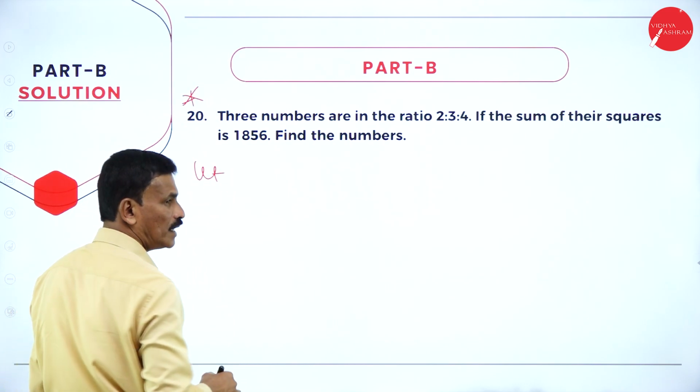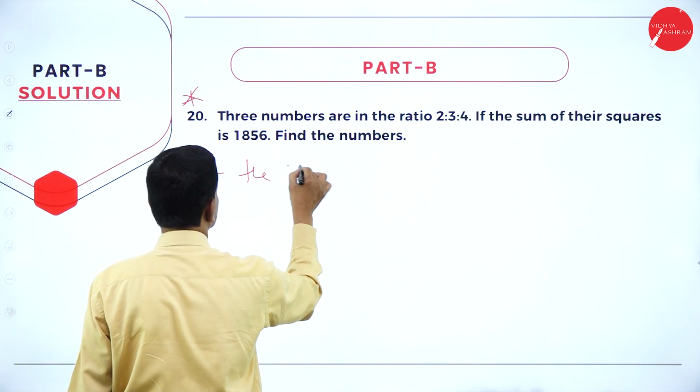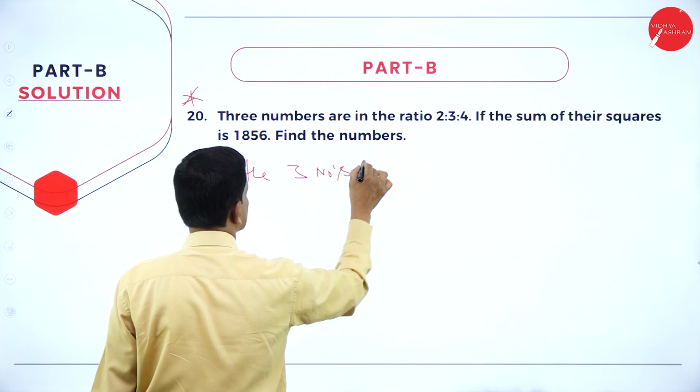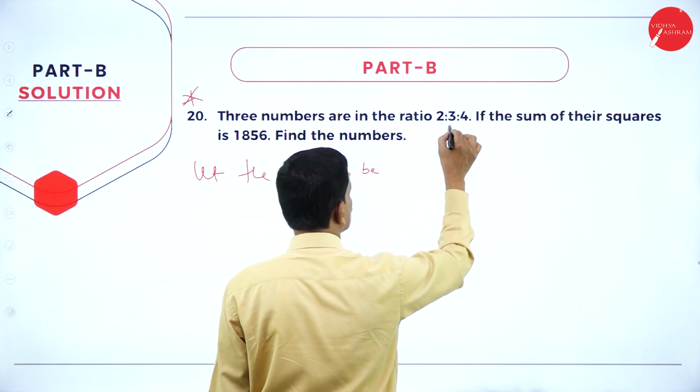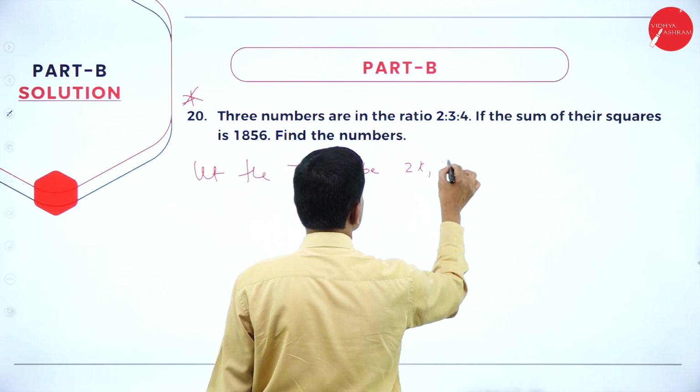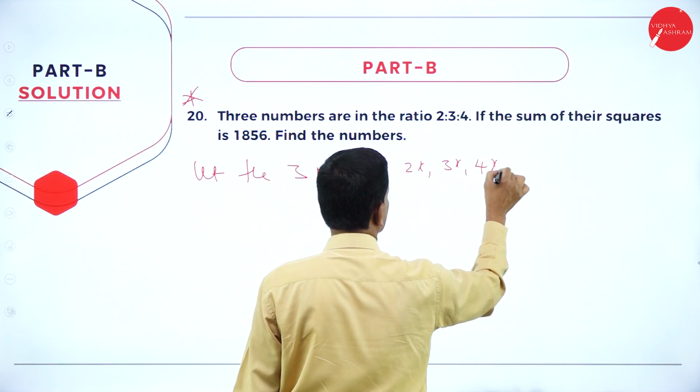Let the 3 numbers in the ratio 2:3:4 be 2x, 3x and 4x.